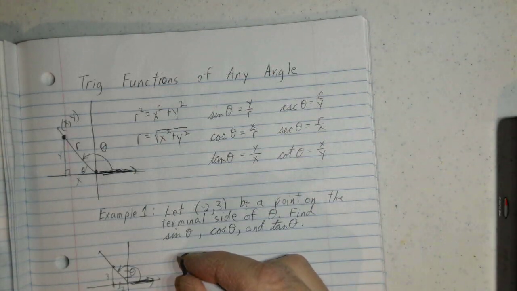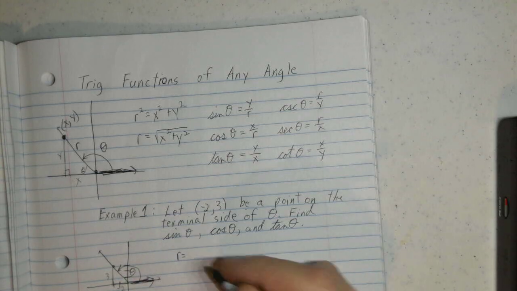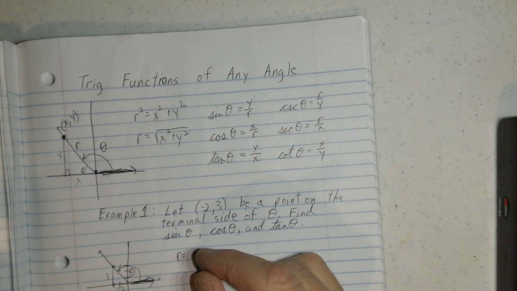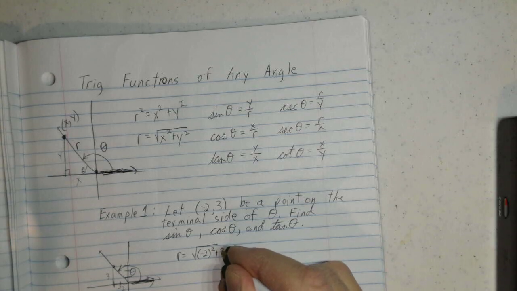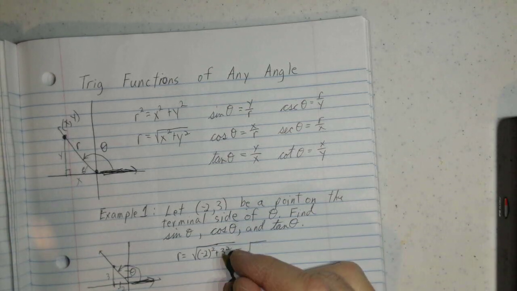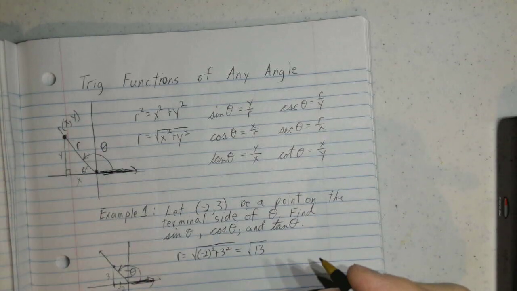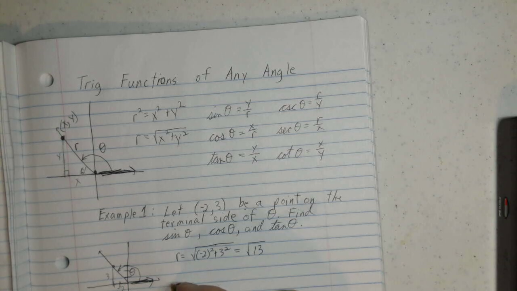Now, I am going to calculate r, and it's the square root of negative 2 squared plus 3 squared, which equals the square root of 4 plus 9, which is the square root of 13. So r is the square root of 13.